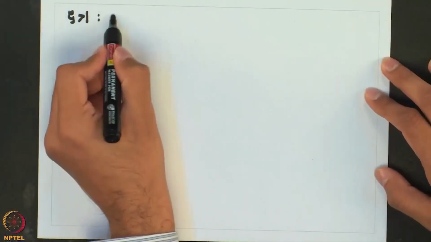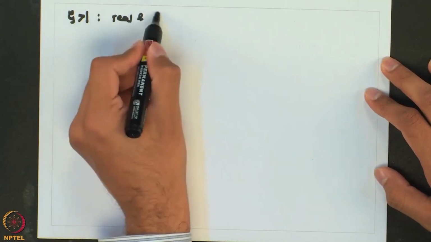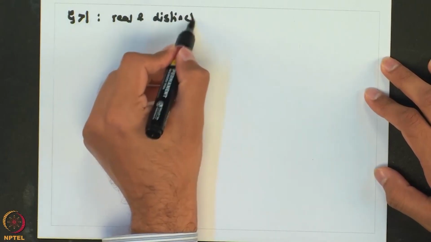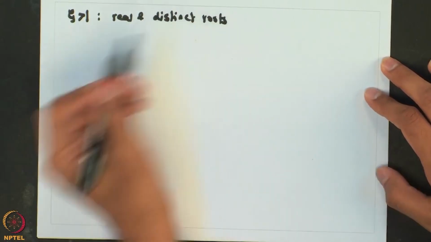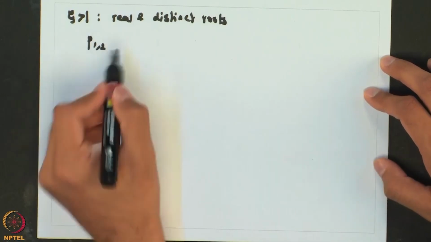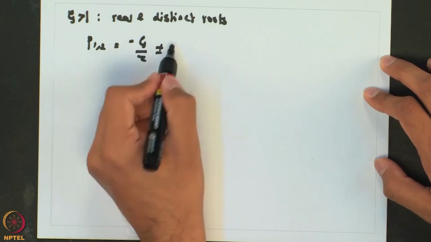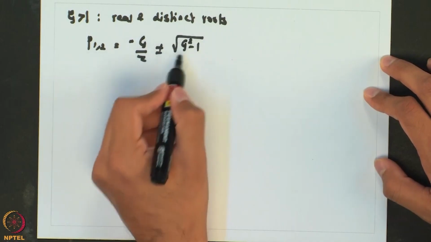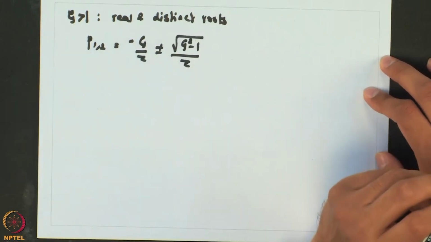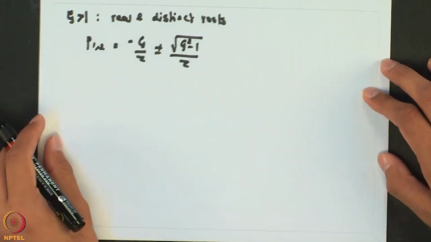So in that case you will get real and distinct roots, where these p1,2 are equal to minus zeta over tau plus minus root zeta square minus 1 over tau.